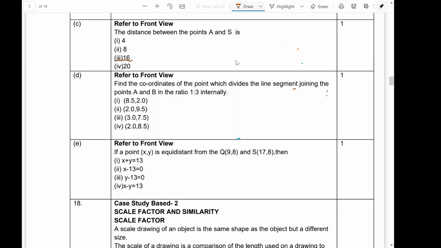So let's take the point like this, say capital P(x, y), that is equidistant from Q(9, 8) and S(17, 8). If it is equidistant, PQ is equal to PS, or PQ square is equal to PS square. Then we can apply the distance formula.